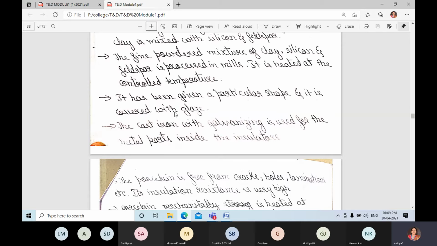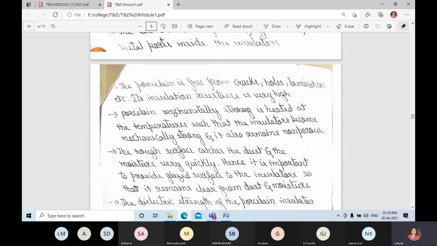Then you get the porcelain, which is formed into the particular shape of an insulator and covered with glass. Inside the insulator, the metal parts are made of galvanized cast iron.